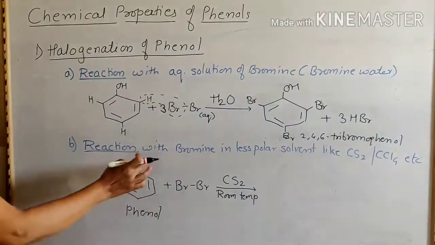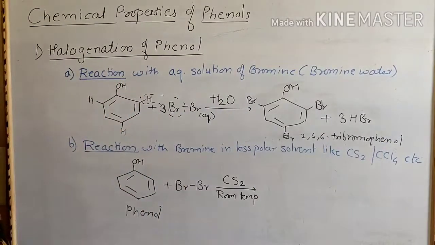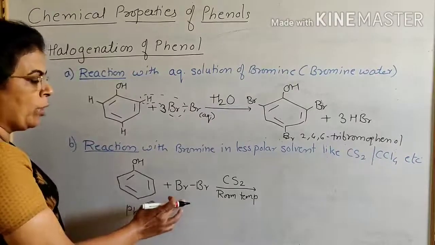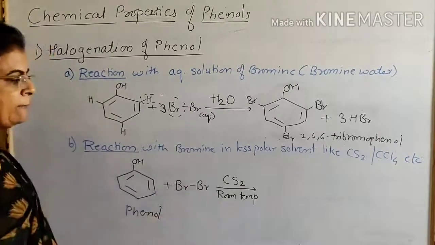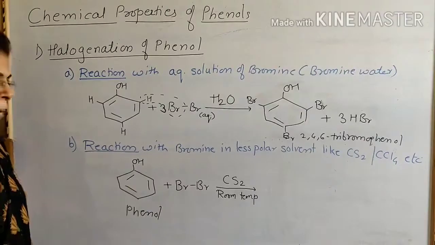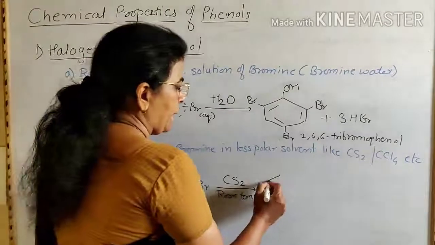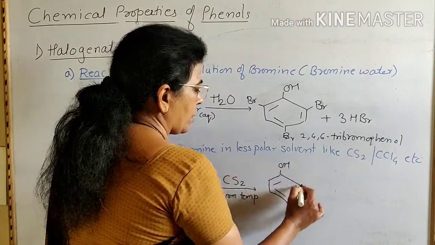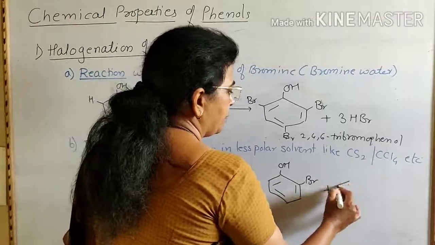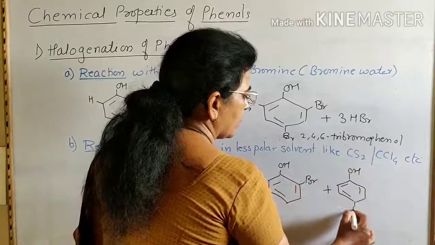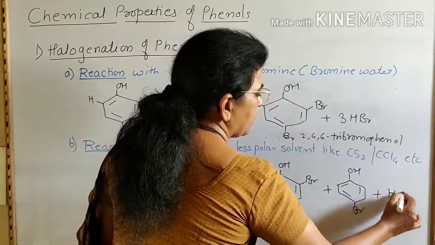Now this one, reaction with liquid bromine in less polar solvent like carbon disulfide or carbon tetrachloride. When phenol is treated with bromine molecule or liquid bromine in presence of carbon disulfide at room temperature, we will get a mixture of orthobromophenol and parabromophenol, plus HBr.